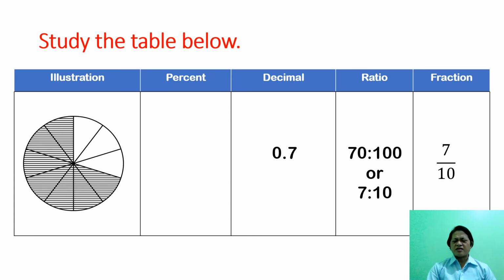It is 7/10, or you can also write it as 70/100. And in percent, it is equal to, yes, it's 70%. Is there any question? Very good. You are really enjoying the lesson.